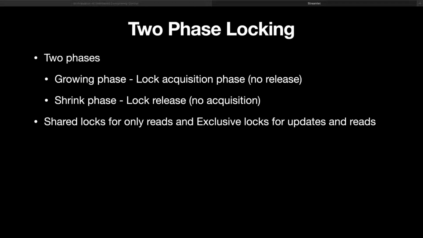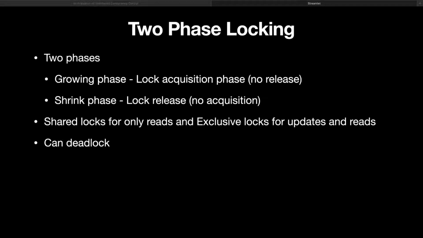The biggest drawback of two-phase locking is that it can easily deadlock, and all of the two-phase locking protocols are characterized based on how they resolve this deadlock. The authors focus on only two protocols for two-phase locking.